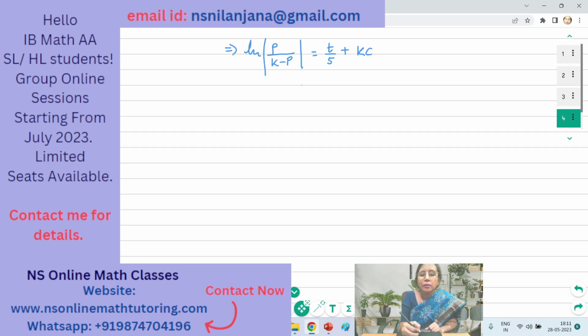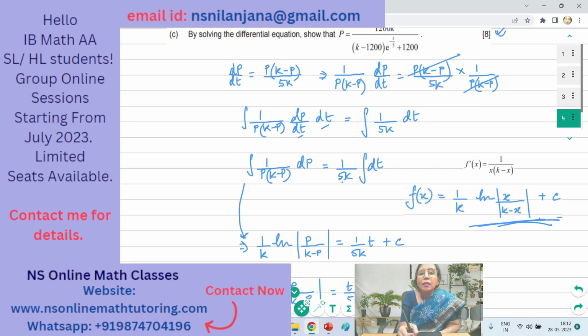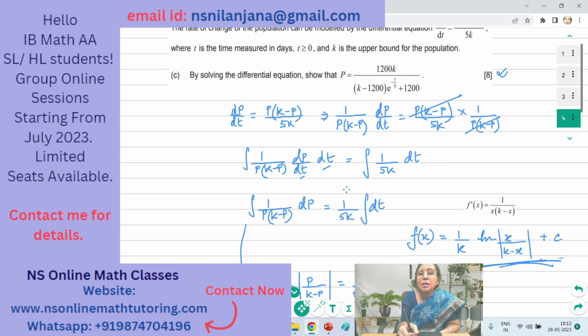Therefore, p over (k minus p) should be equal to e to the power of (t over 5 plus kc). Okay. And okay, we have done up to this part. Let us see what is happening.